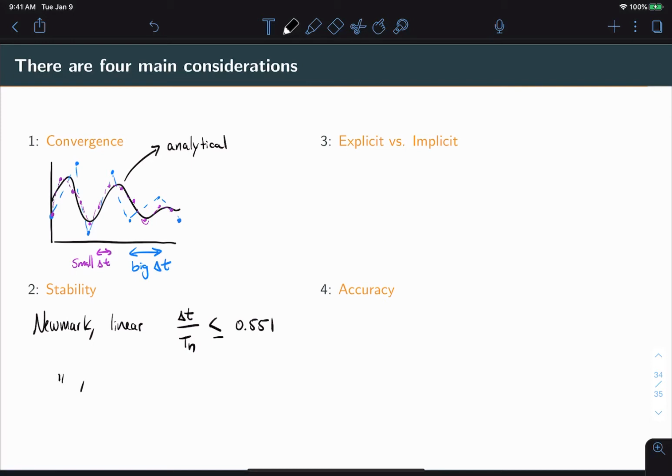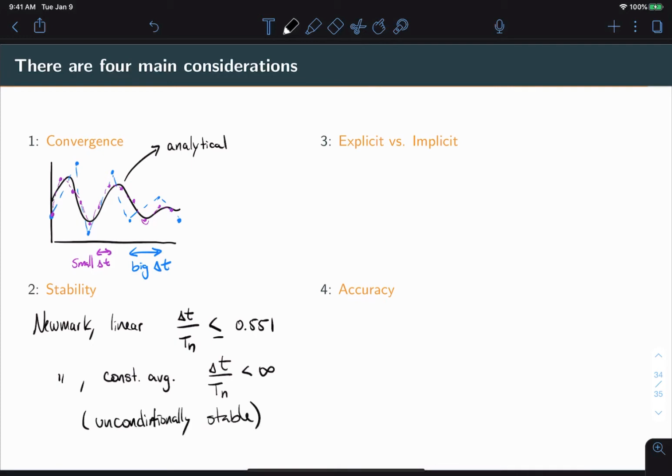In the case of the constant average method, this condition becomes less than infinity. In other words, the algorithm will never be unstable. This is what we call an unconditionally stable algorithm.